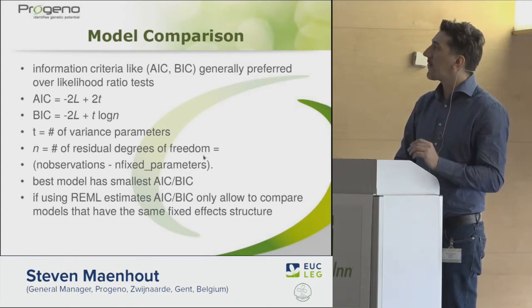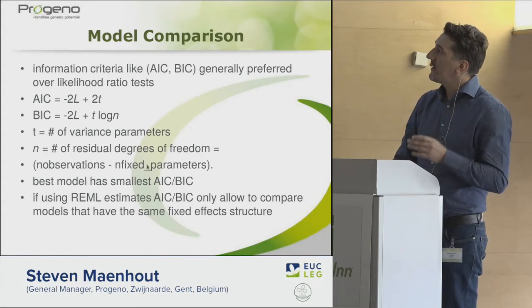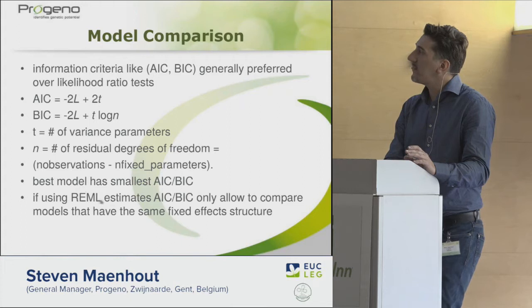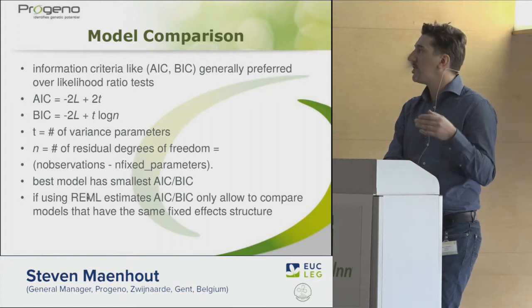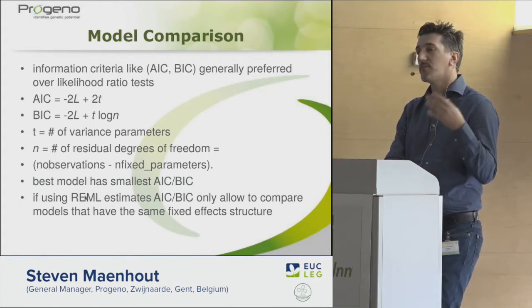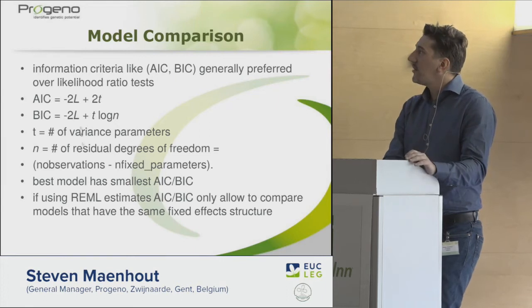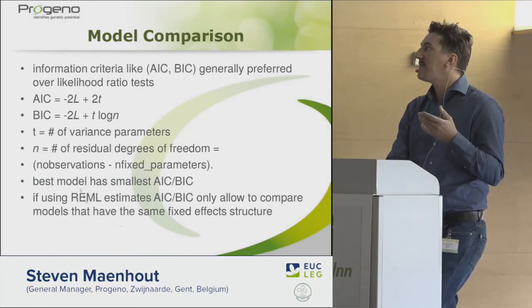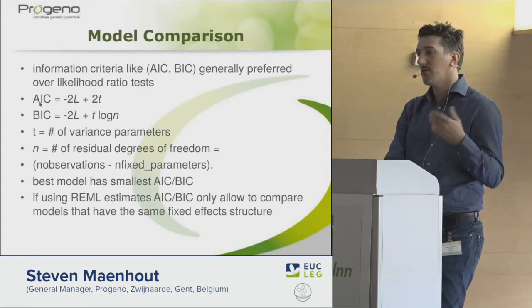A little bit more complicated, but actually, if you're using restricted maximum likelihood to get your estimates, that's just a way to find the most appropriate model factors. The two are completely equivalent because you would have to always keep the same number of fixed effects. So there's a lot of discussion, but basically both approaches will get you where you want.